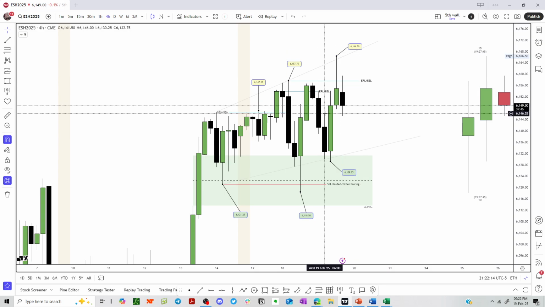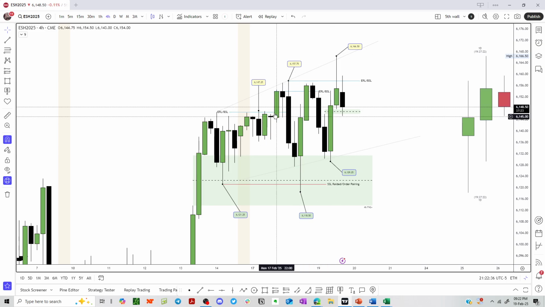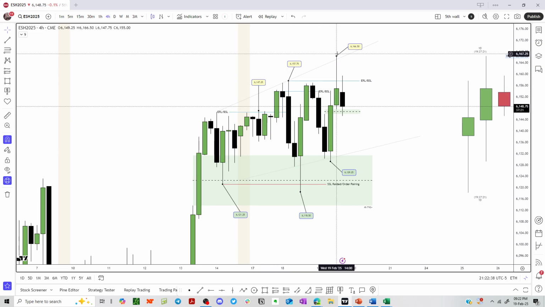There's a tiny little fair value gap here as well. There's one here that was violated, and then there's a little one right here that price is kind of playing with right now. It's that tiny one there. So we can say external range, internal range.